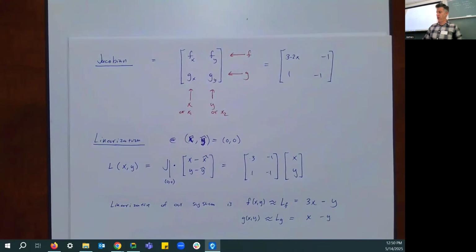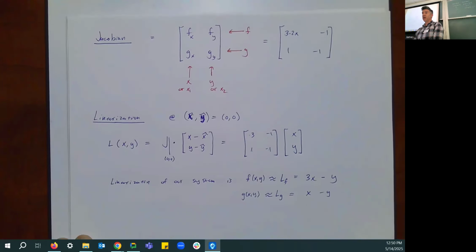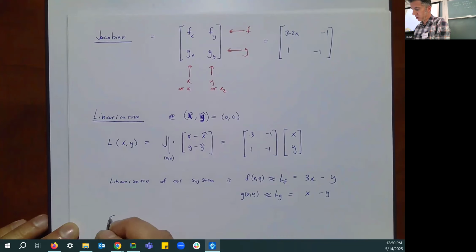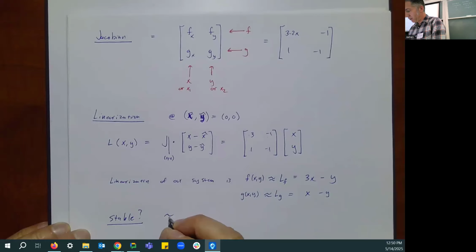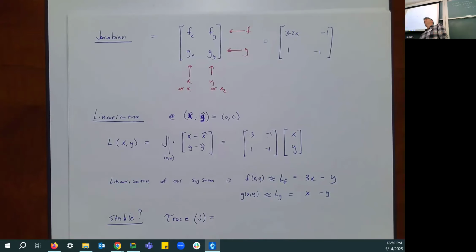But now for the more important part, how about the stability? Well, let's find the trace. In fact, all of you should take a moment to find the trace yourselves. The trace of our matrix J is equal to, everyone show me on your fingers, what's the trace of this matrix equal to?